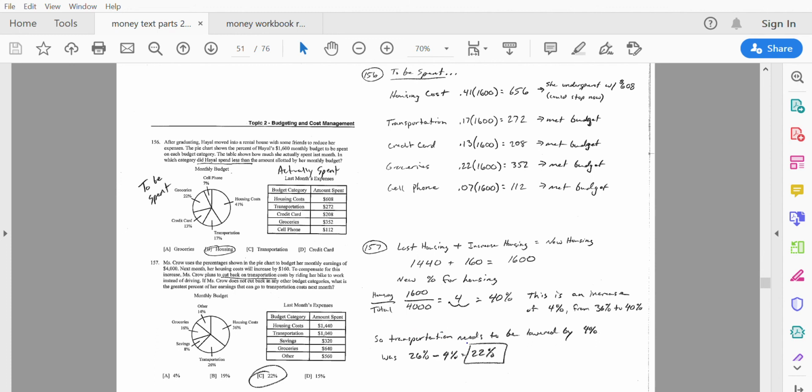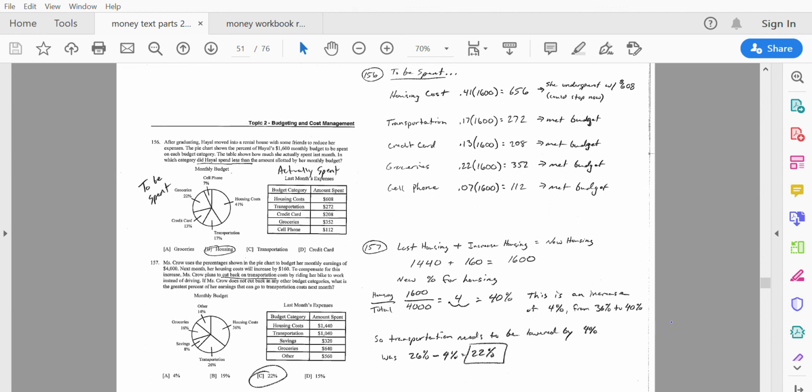So if we take 1,040 minus 160, that gives us 880. And then if we wanted to find what percent 880 is of 4,000, we take 880 divided by 4,000, and that equals 0.22 or 22%.